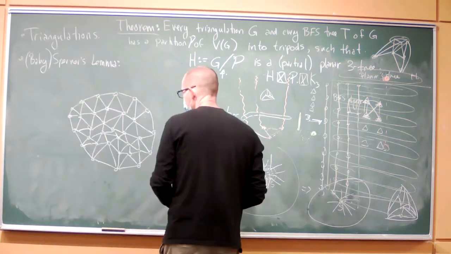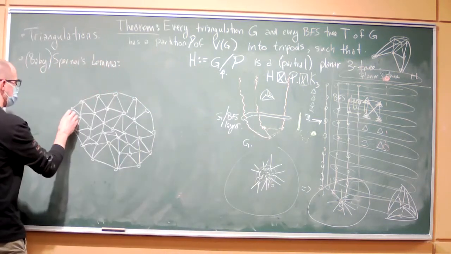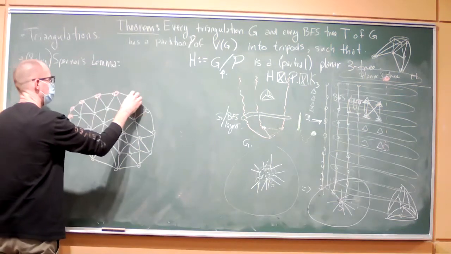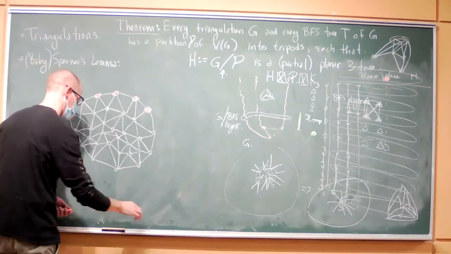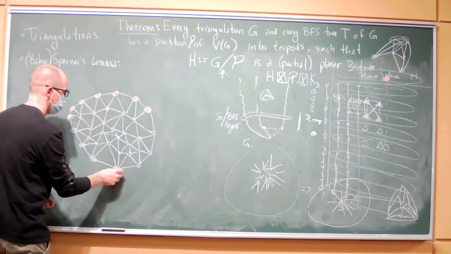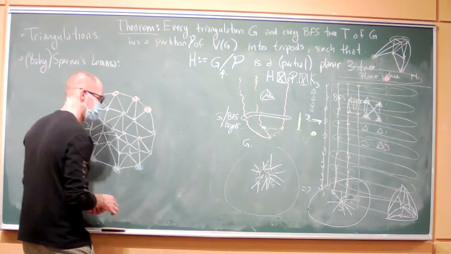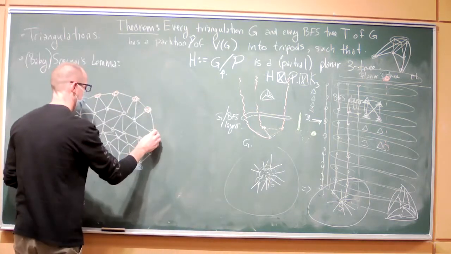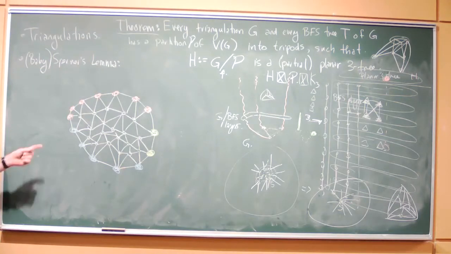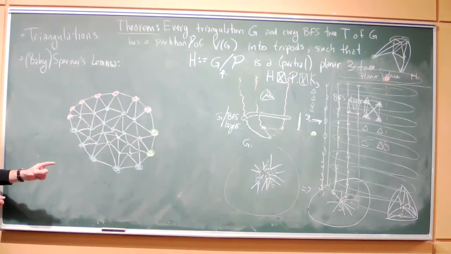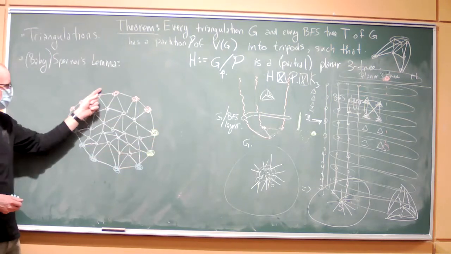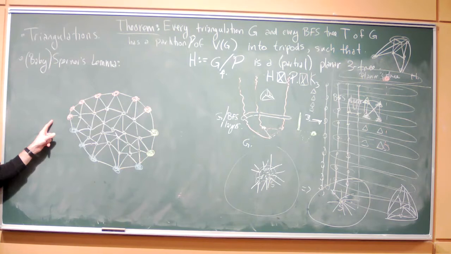And the version of Sperner's lemma that we need says that if I take the vertices of the graph and color them with 3 colors, and it's actually a really simple version of it, in such a way that the outer face sees, if I walk around this outer face, all the reds, then all the greens, then all the blues.